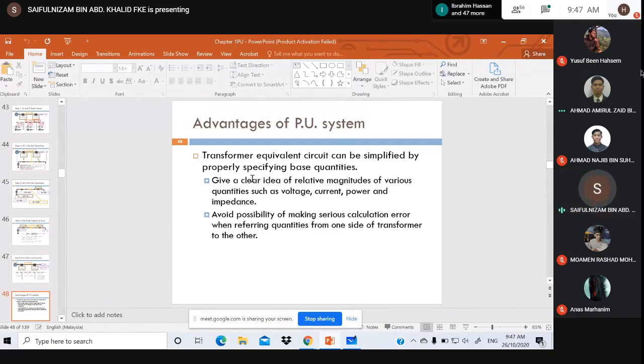We can simplify the transformer as a single impedance, which gives a clear idea of the relative magnitude of various electrical quantities such as voltage, current, power, and impedance. It also avoids serious calculation errors when referring quantities from one side to the other side. So we know that the per unit values of the transformer at the primary and the secondary are the same, right?